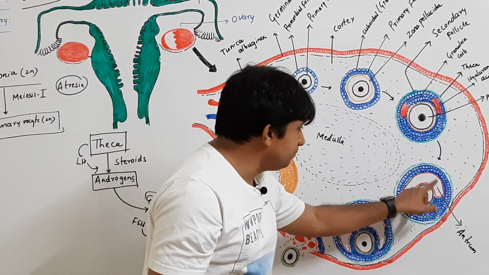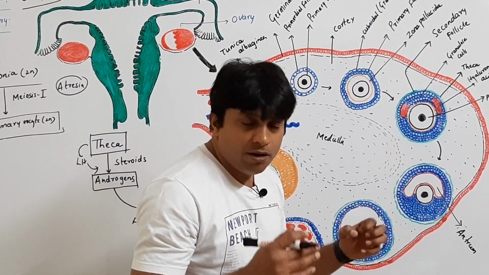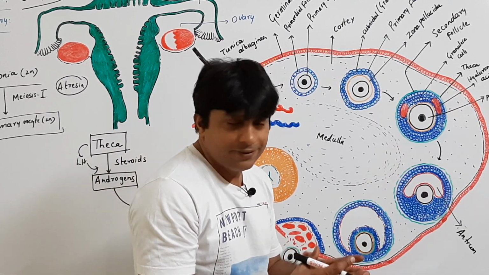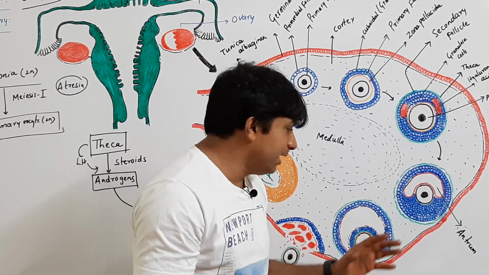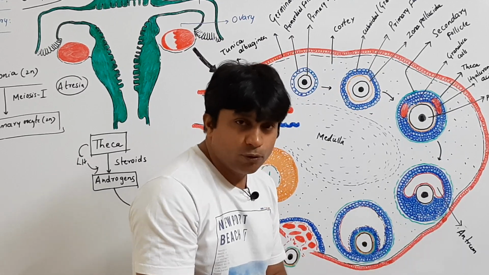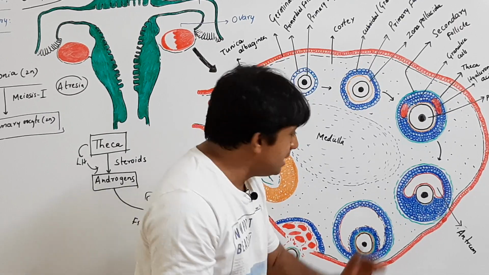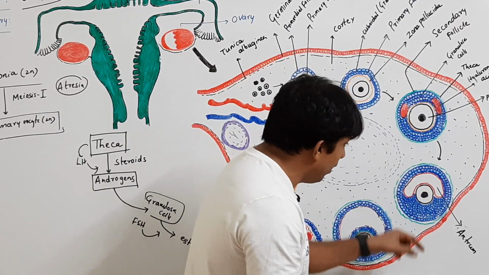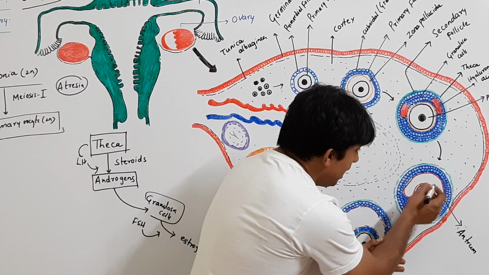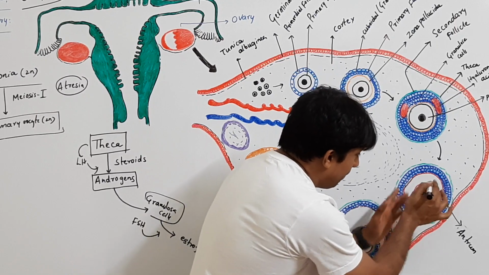And this antrum is filled with more hyaluronic acid. The fluid enclosed inside the antrum is called liquor folliculi. Now in such a follicle with the antrum, this is your primary oocyte.